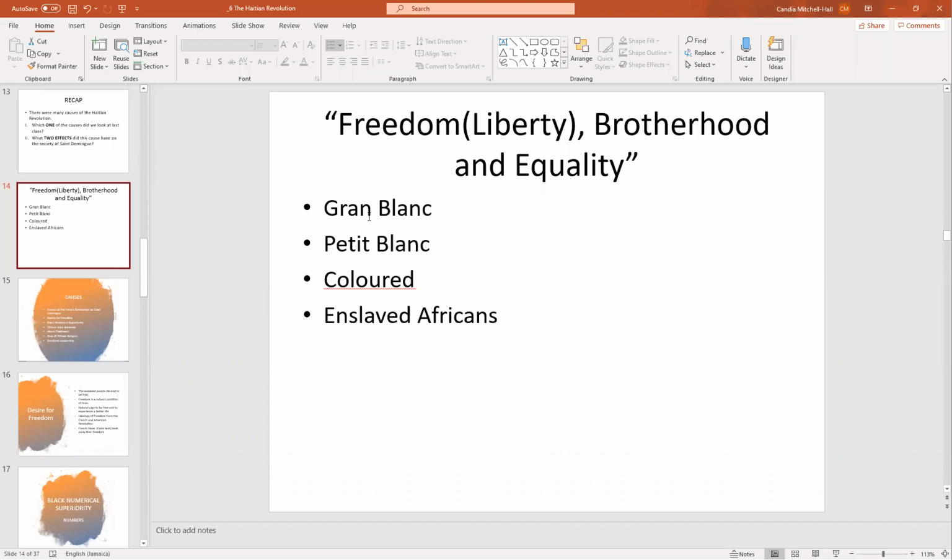Another effect is that the society was very divided. It deepens the divide in the society because the African is against everybody, right? The colored is against the Petit and the Grand Blanc. And even within the white groups, both are divided because the Petit Blanc said, listen, we want some of the same rights as you. So everybody in the society is divided.